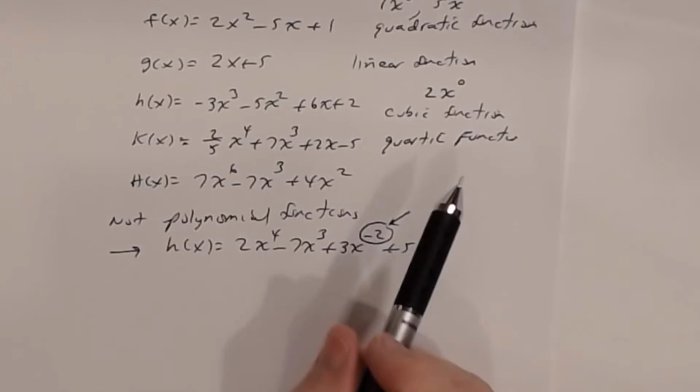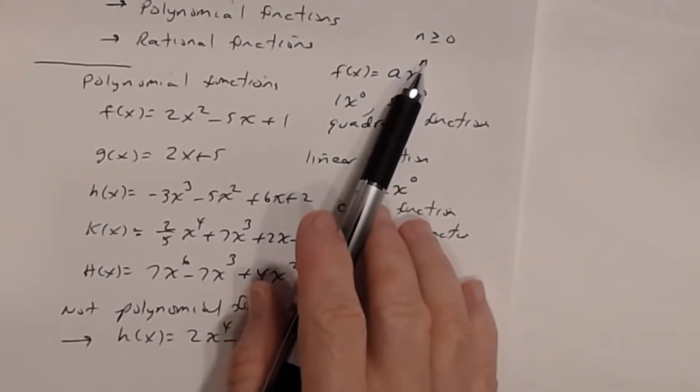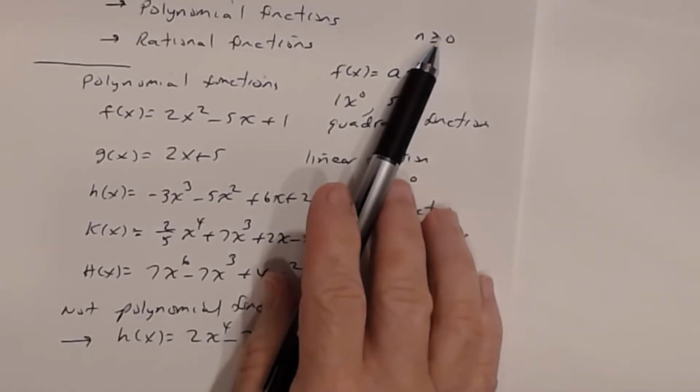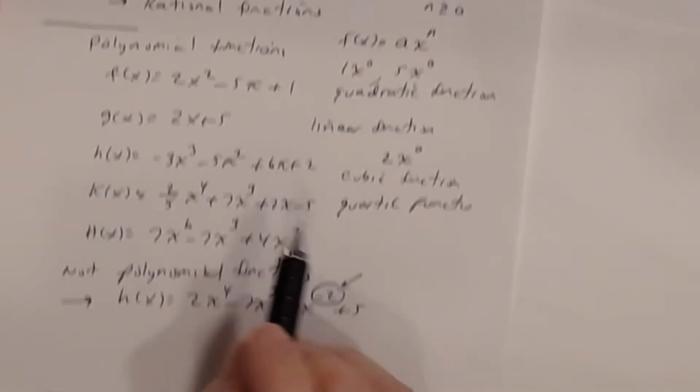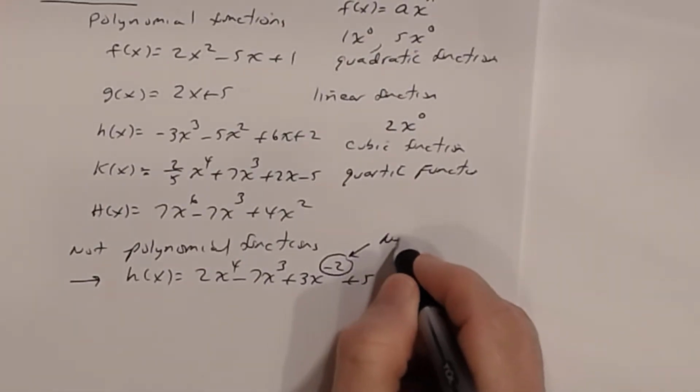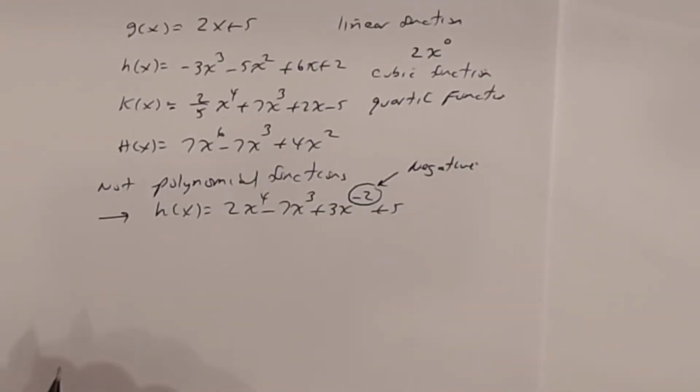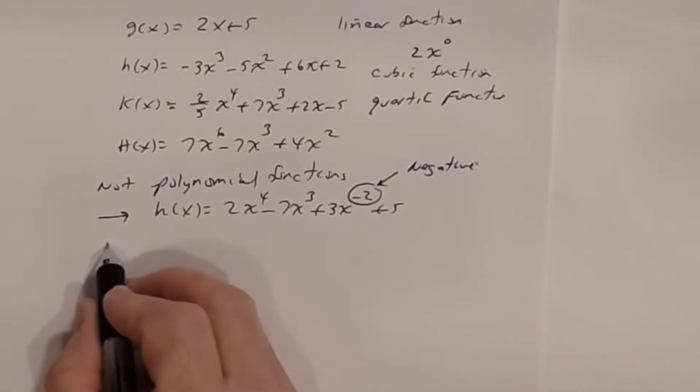Remember, in order for it to be a polynomial function, the exponent of the variables must be a positive integer or 0. Notice this is negative. So since that is negative, this is not a polynomial function. And the same thing for this.